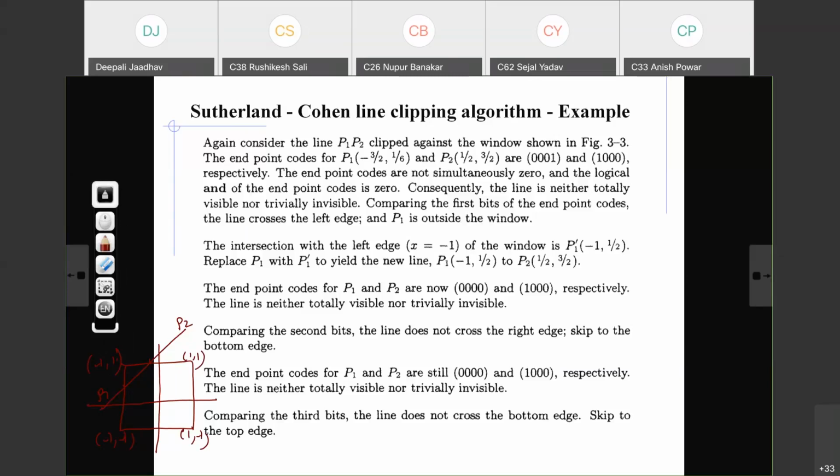Already we have calculated the left intersection, right intersection, top and bottom intersection.